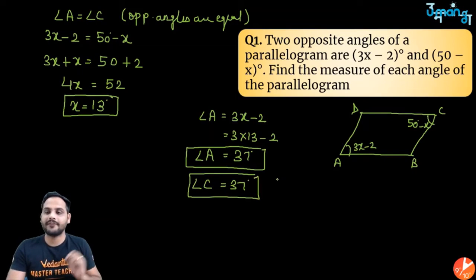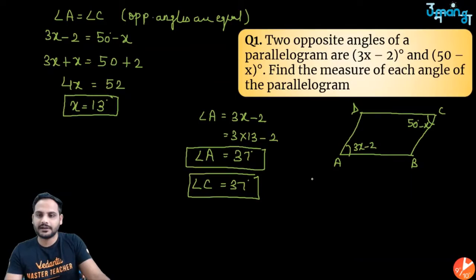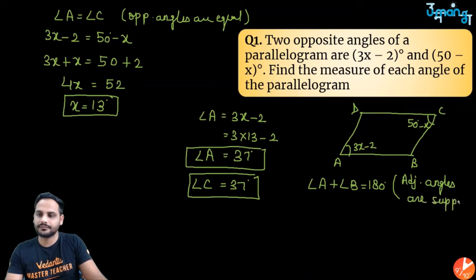Right? After that, I know that the adjacent angles are supplementary. That means angle A plus angle B must be equal to 180 degree because adjacent angles are supplementary. So angle A is 37 degree plus angle B is equal to 180 degree.